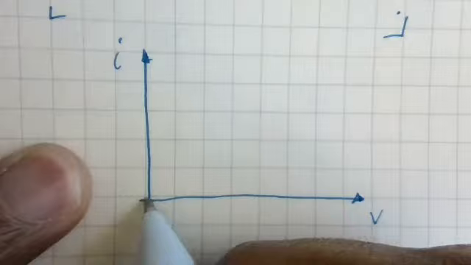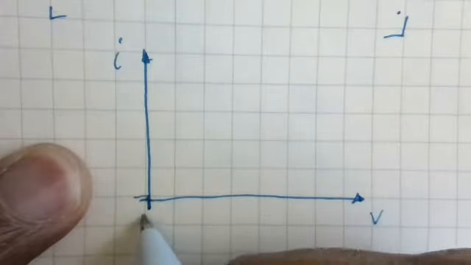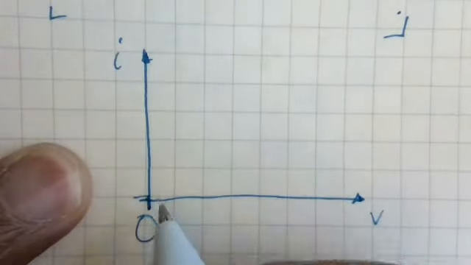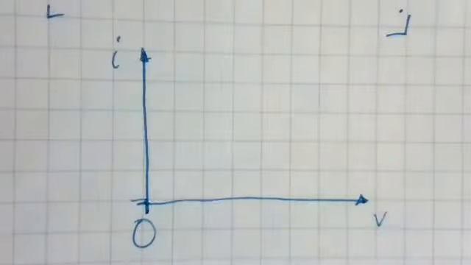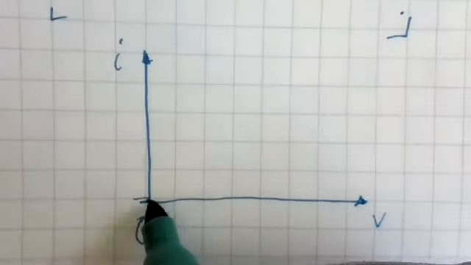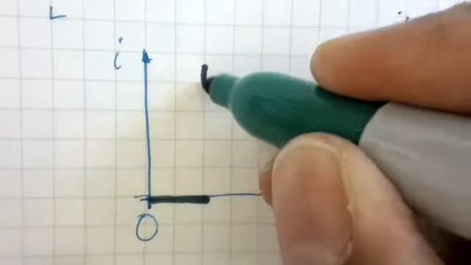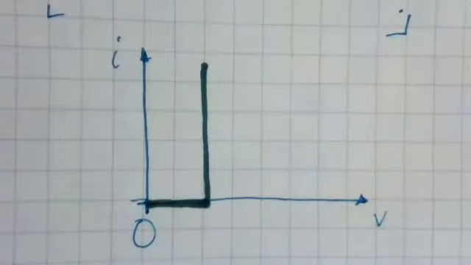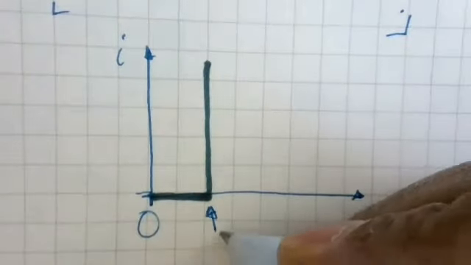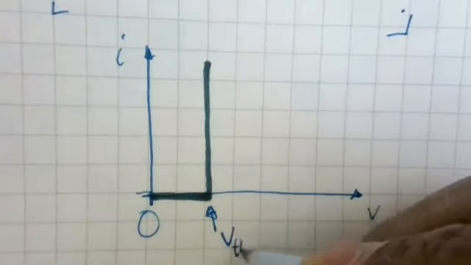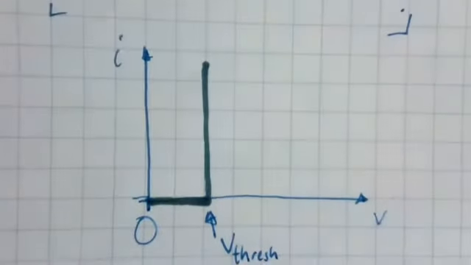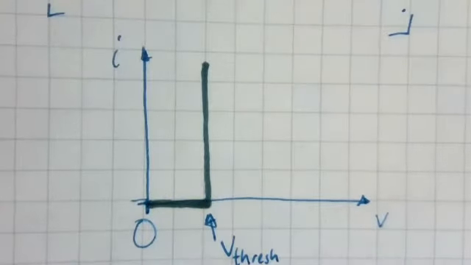The way that a diode works is that up until a certain voltage, no current flows, and then past that voltage, infinite current flows. And so we would call this the V threshold, or the on voltage of the diode.